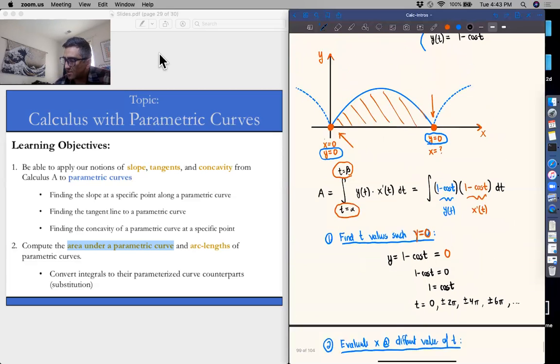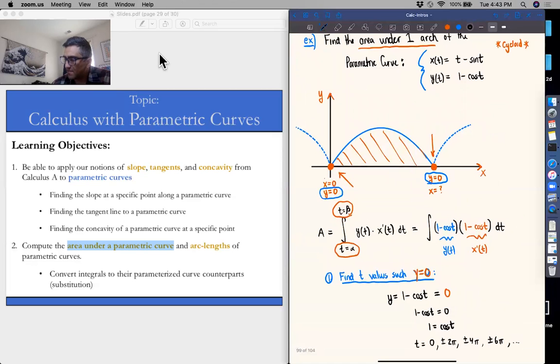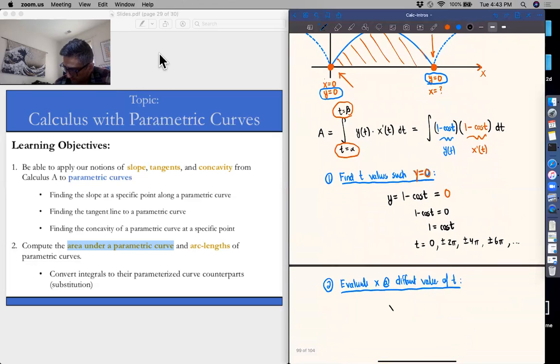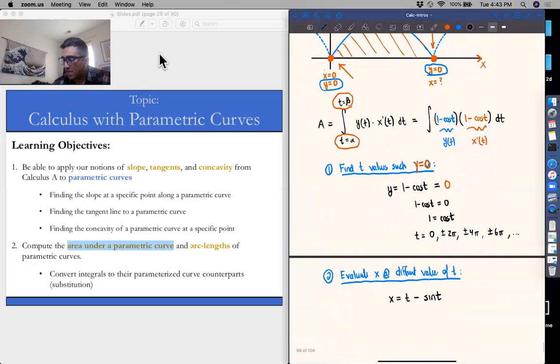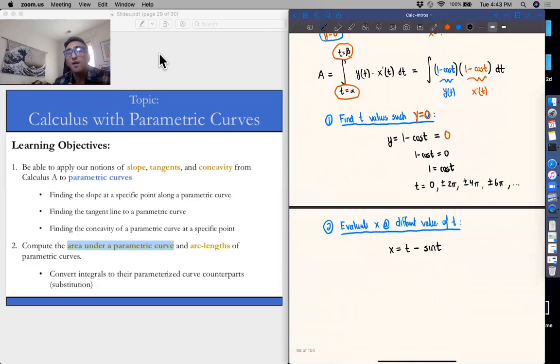So if you remember, our x equation from up above was t minus sine of t. And well, since we're interested in just the area under one of these arcs, it might make sense just to use two t values in succession.